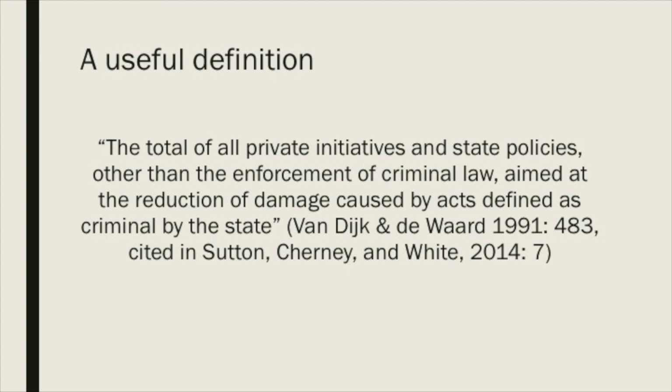And that definition that I've got up on the slide there says: the total of all private initiatives and state policies, other than the enforcement of criminal law, aimed at the reduction of damage caused by acts defined as criminal by the state.